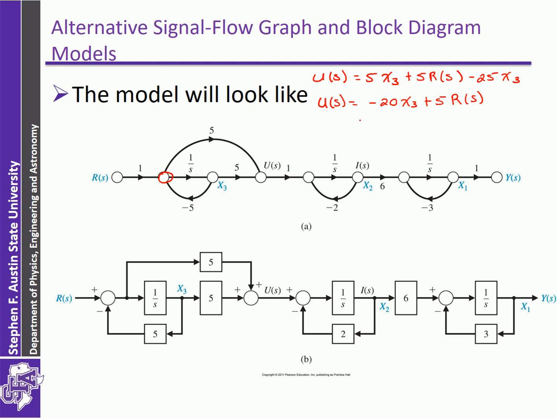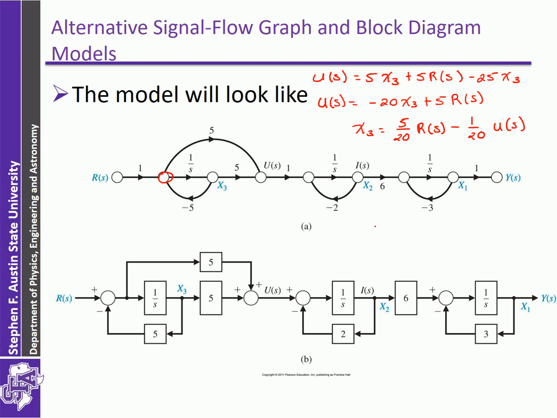And from here I can solve for x3 and say x3 will be equal to 1 over 20. Well, let me change it a little bit, getting ahead of myself. So it's going to be 5 over 20 r of s minus 1 over 20 u of s.